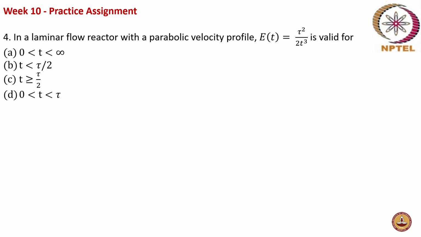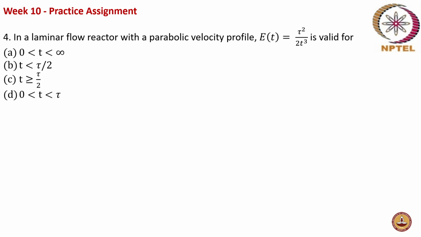So we know that it is a laminar flow reactor, and they have given that it has a parabolic velocity profile. That means the velocity of the particles at the center, at r equal to 0, is maximum, whereas the velocity closer to the surface, that is at r equal to R, is minimum or 0, due to the no-slip condition.